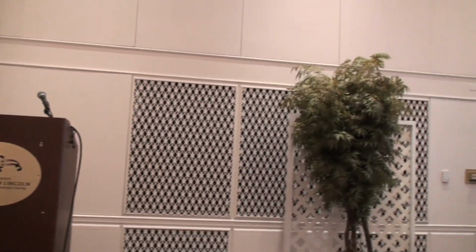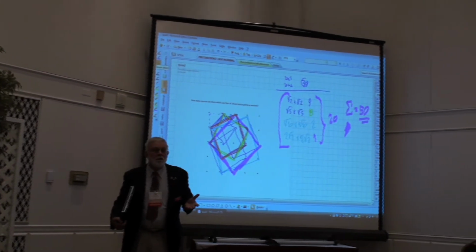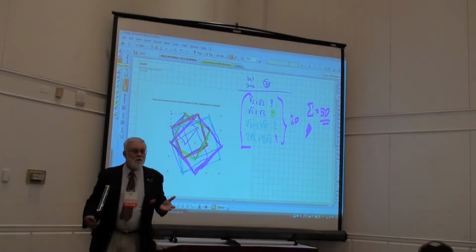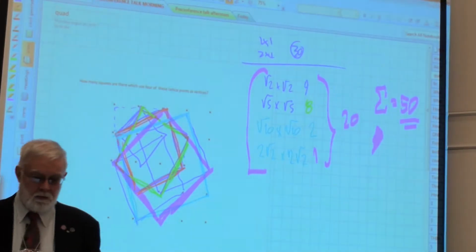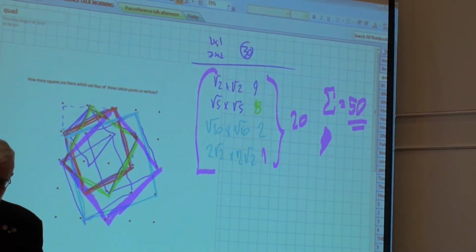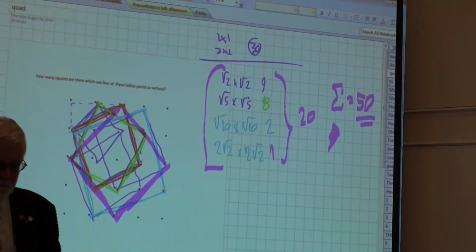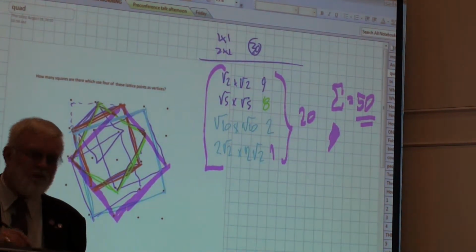The 1 by 1, 2 by 2, 3 by 3, 4 by 4, that was pretty convincing. Is this convincing? Could there be a root 3 by root 3 one someplace? Root 3 by root 3, root 3 by 1. That would be a square. But what about, okay, root 3.